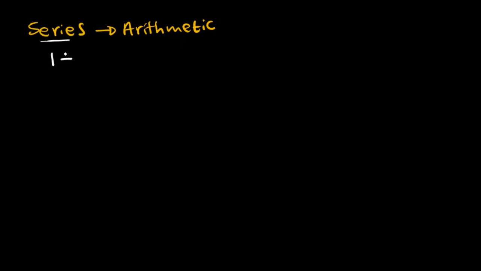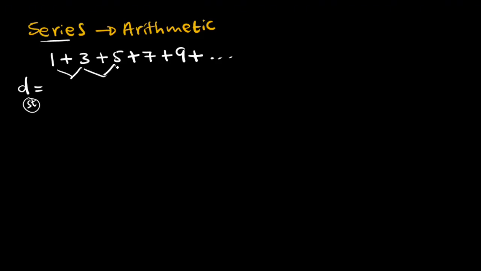Say you have 1, 3, 5, 7, 9, etc. So remember the first difference. 3 minus 1 gives me 2. 5 minus 3, 2. 7 minus 5, 2. 9 minus 7, 2.